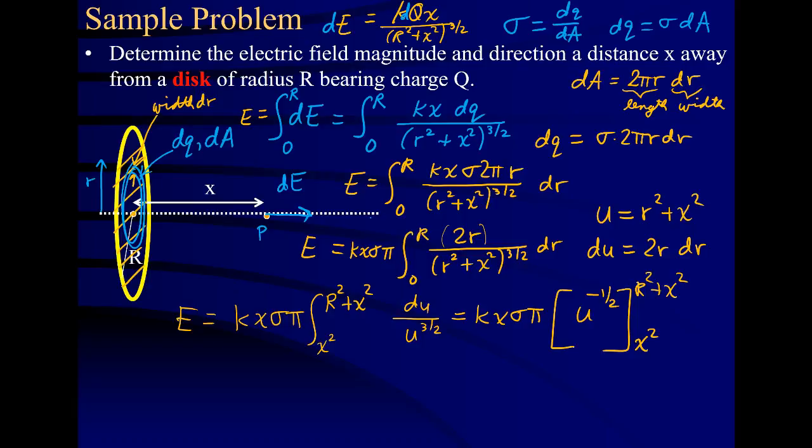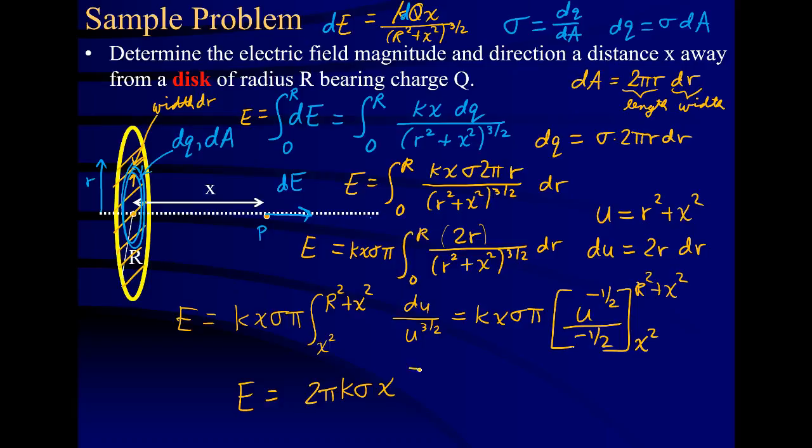Now we just plug and chug, and what we're going to end up with is that the electric field is 2 pi k sigma x, and sorry, I forgot to divide this by -1/2. My bad. That's where our 2 is going to come from here.